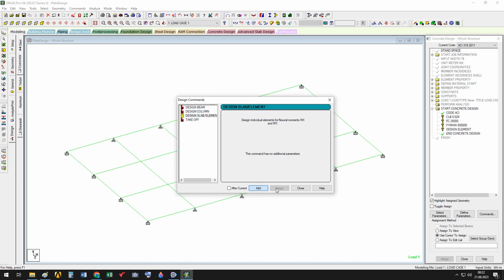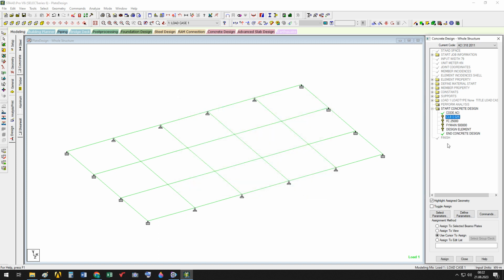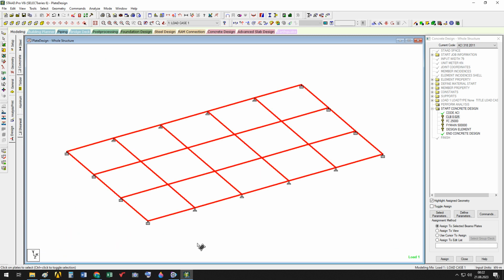Design slab element. I want to assign to selected beam plates. I want to assign those values only to plate elements.